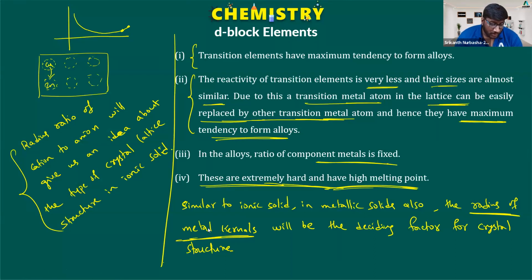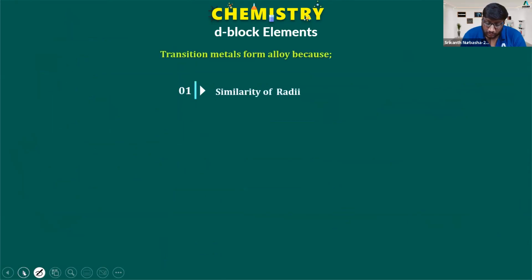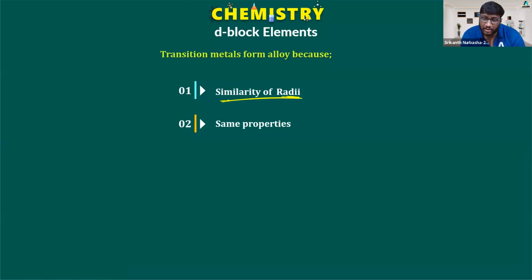Is that clear, students? Yes, sir. Very good. Transition metals form alloys because the major phenomenon is similarity of radii. It is a major or dominating factor. And they also form alloys because the properties are also slightly the same.